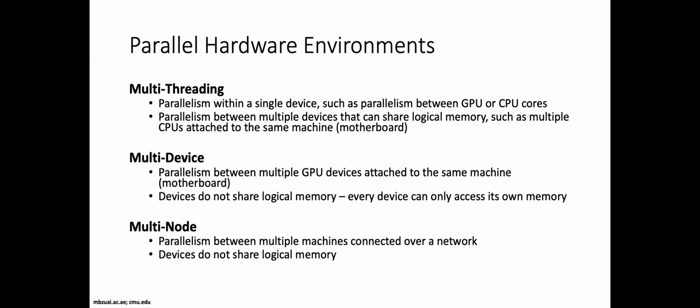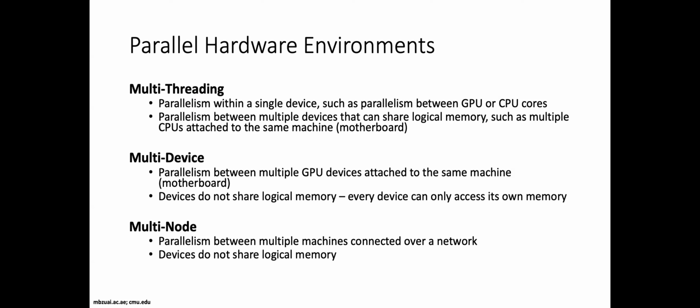There are three types of hardware environments that you need to know. Multi-threading, which is parallelism within a single device, which includes parallelism in GPU cores or CPU cores. Now, there's also a type of parallelism between multiple devices that we say can share logical memory. This happens between multiple CPUs attached to the same motherboard because they can actually access each other's memory.